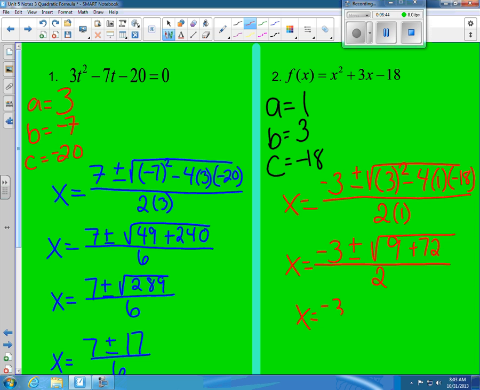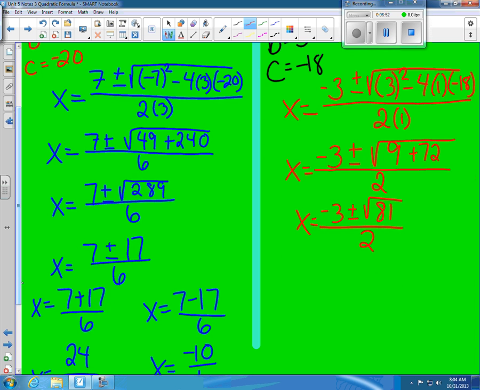Simplifying still underneath that square root sign, we get the square root of 81. So now we know the square root of 81 is going to give us 9. So I'm going to break it up into our 2 steps right here. So we're going to have x equals negative 3 plus 9 divided by 2, and x equals negative 3 minus 9 divided by 2.